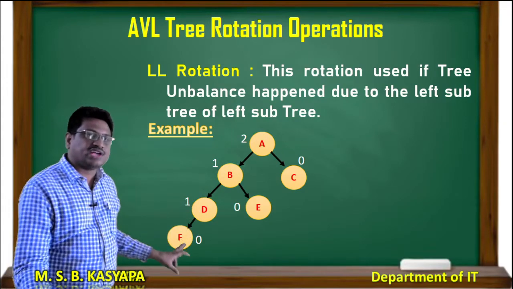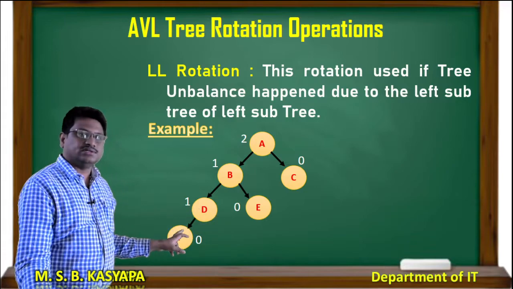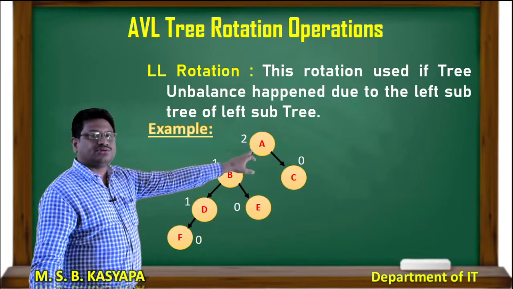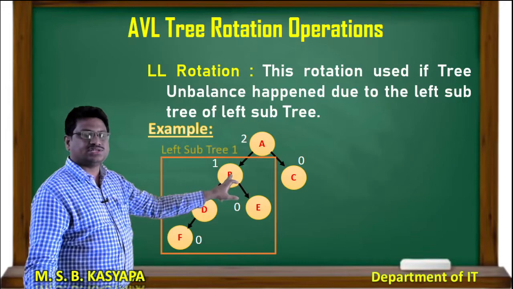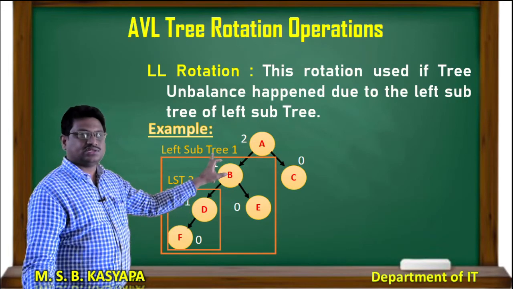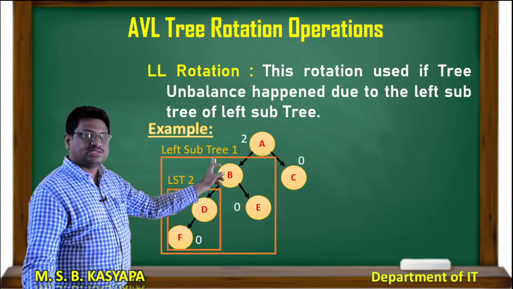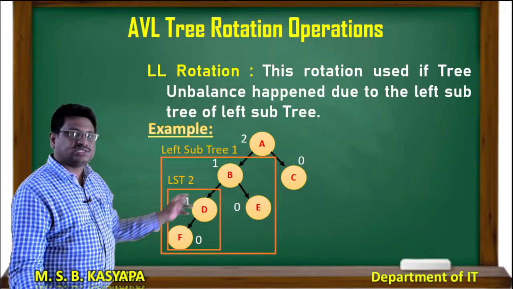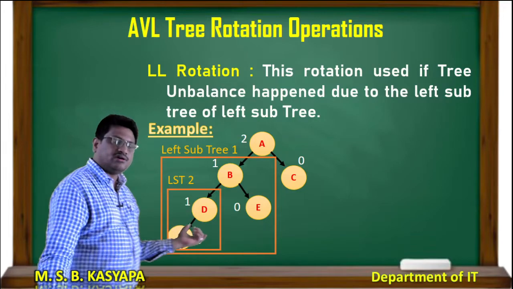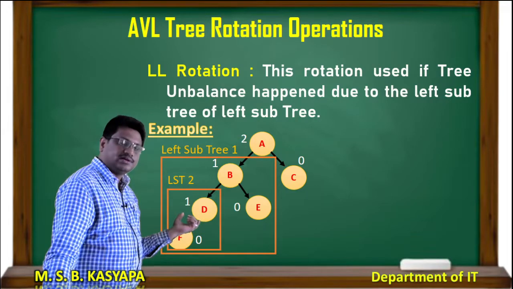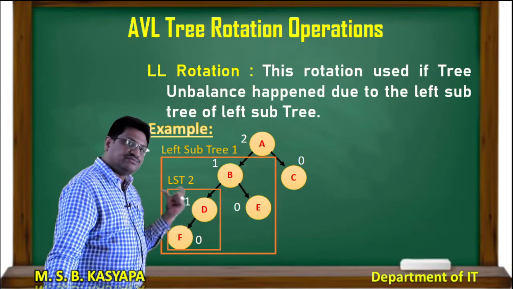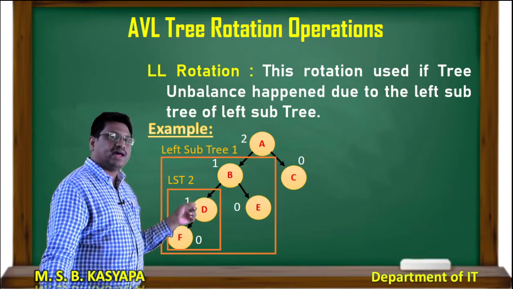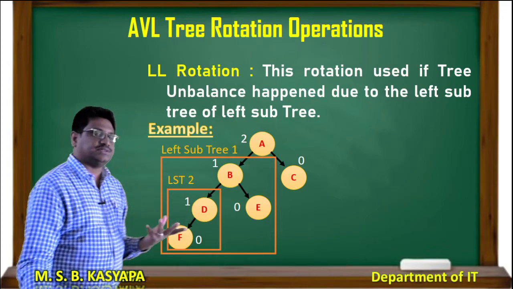So where did the extra child happen? Here. The left child's left child is this subtree, and in this subtree the left subtree is again here. So the extra child is available here, and because of this the balance of your tree is changed.